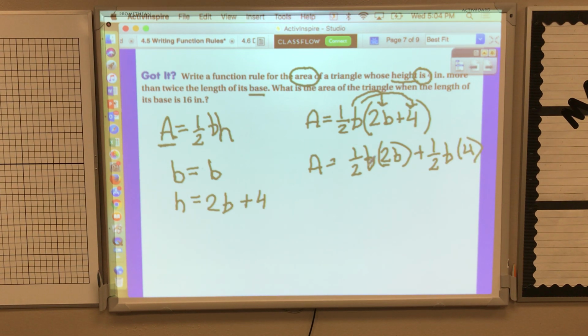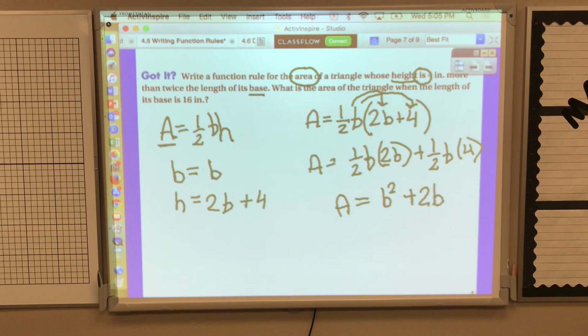B times B, we're taking those like terms, is B squared, and 1/2 of 2 is 1. And remember, if our coefficient's 1, we don't write it down. So that's what we get for that part. So we're at A equals B squared, and then 1/2 B times 4, we can multiply those numbers. 1/2 of 4 is 2, so we have plus 2B.